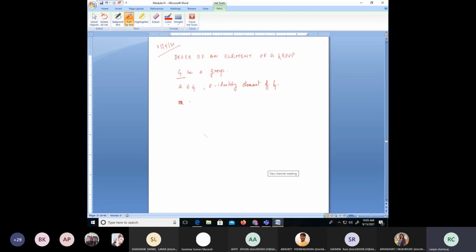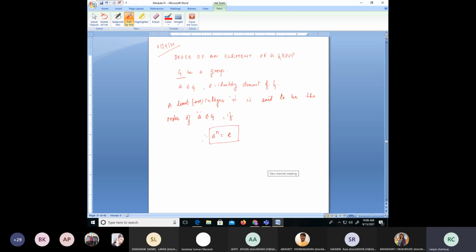A positive integer n, the least positive integer, is said to be the order of A that belongs to G, if A to the power n is equal to E.